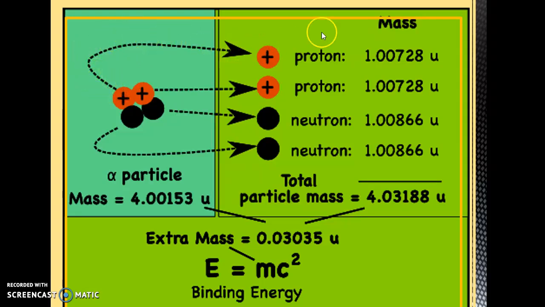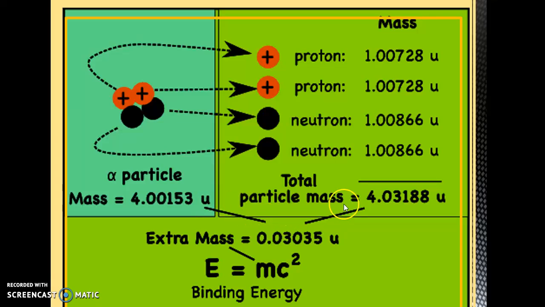On the right, we have it unbound, not in a nucleus state: a proton and then 2 neutrons. If we added up all their rest masses, the sum of the rest masses, we would find this number. The rest mass of the alpha particle is this number on the left.